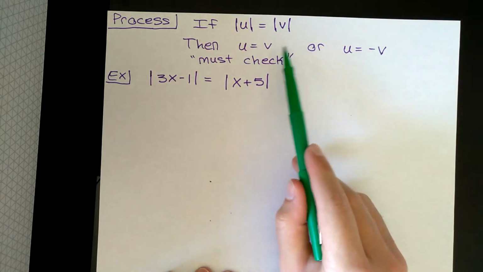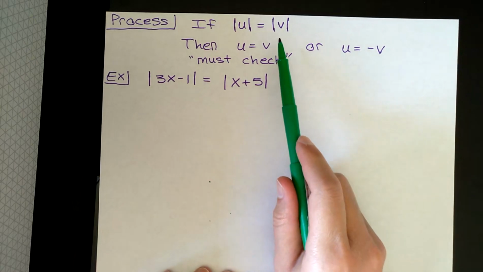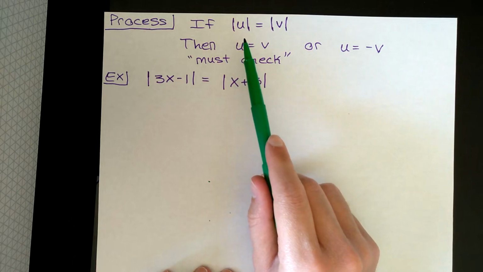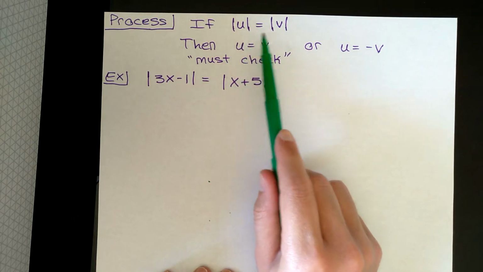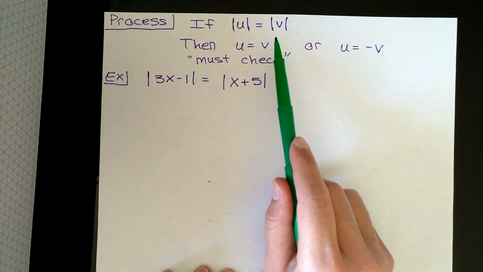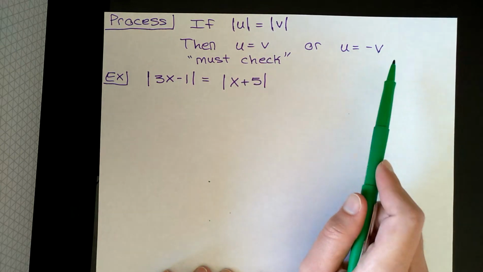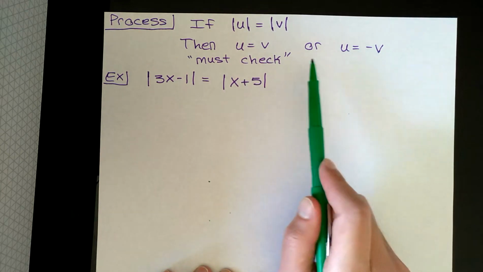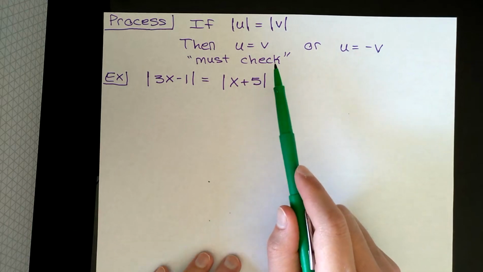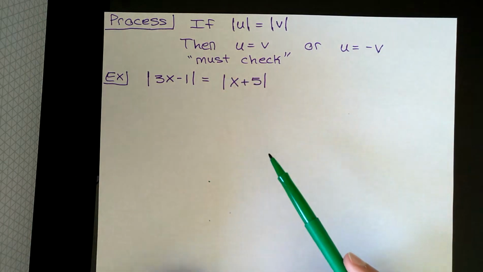This statement that we said where u equals c and u equals negative c also works if we're dealing with algebraic expressions, meaning the absolute value of u equals the absolute value of v, where v is not just a constant, can then be rewritten as u equals v or u equals negative v. Just like we did before, except v could be something like 2x minus 5. But note, when you do this, again, you do need to check.